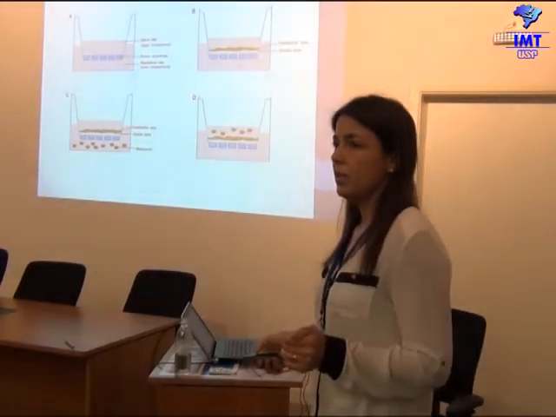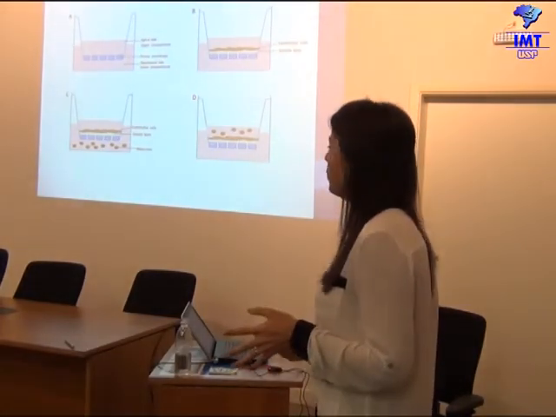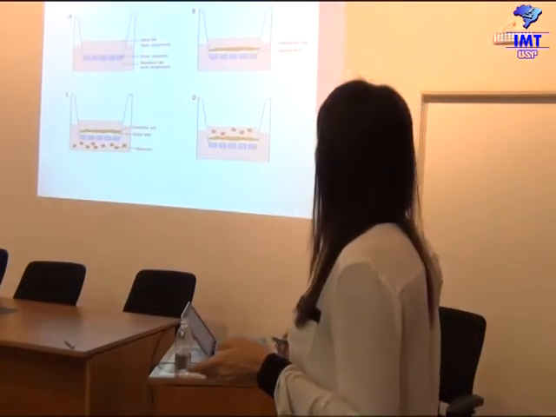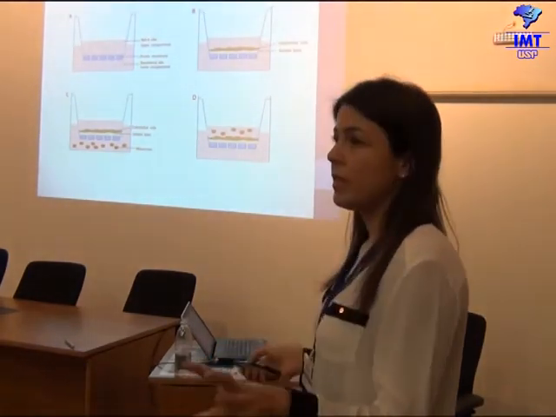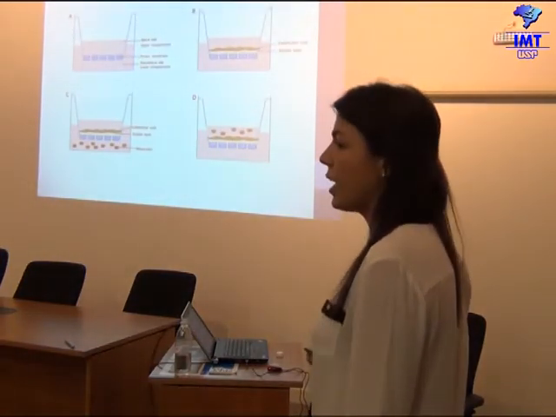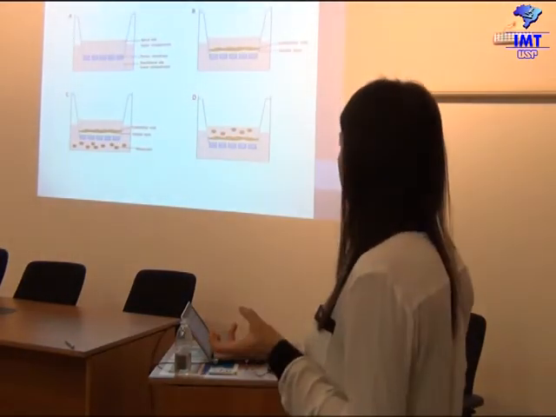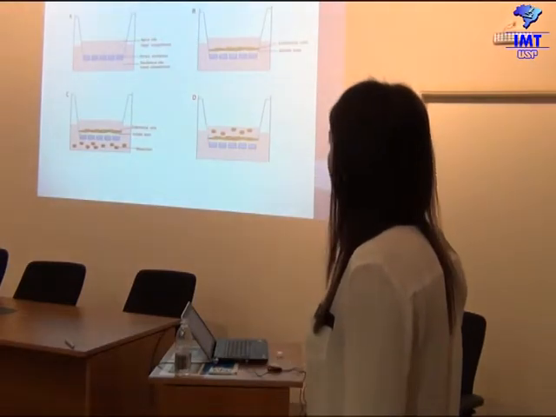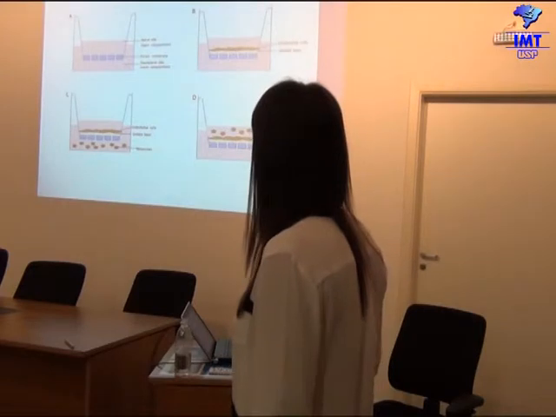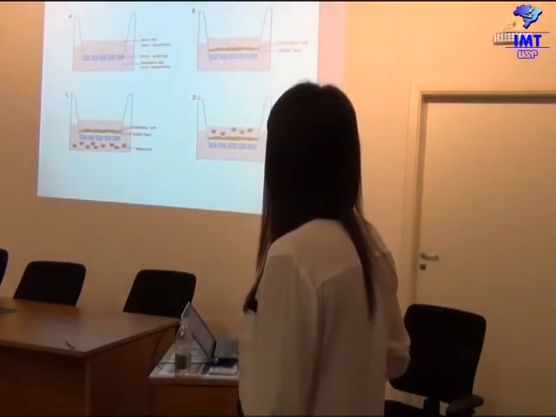Based on these previous works, we decided to establish this model in our lab, but with some modifications. For example, by adding monocytes in co-culture, because those cells are important in dengue pathogenesis and the interaction with endothelial cells.